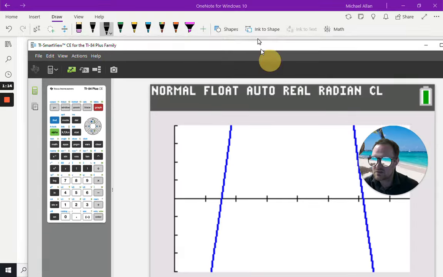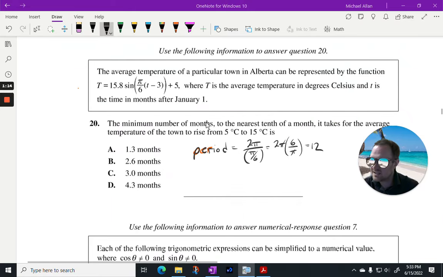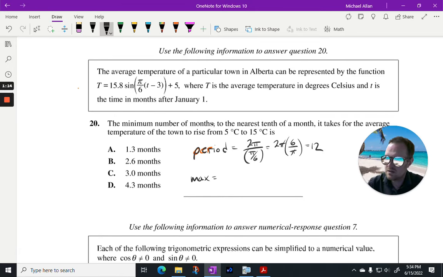Okay, so I'm going to graph that. There's my graph so far. But I also need to know what the min and the max are, so I can see the top and the bottom of the graph. I probably don't need to, but I'm going to do it anyway. My max value is going to be 5 plus the amplitude. Remember, this is my d plus my amplitude. So that's going to be 20.8.